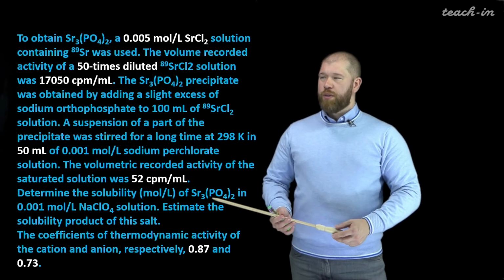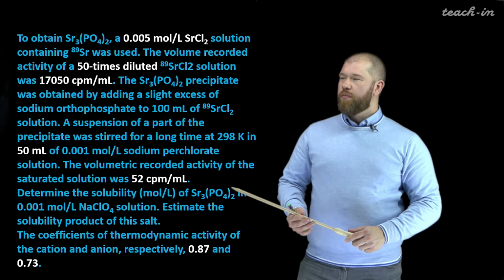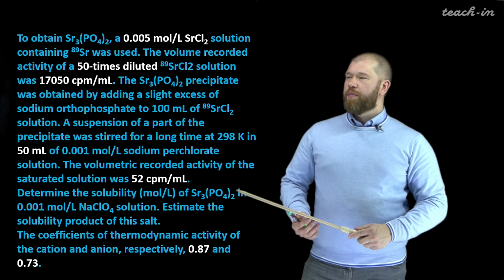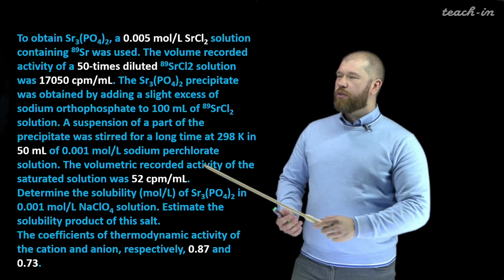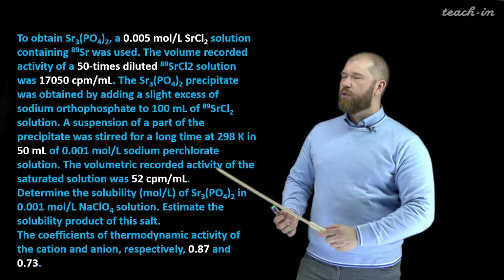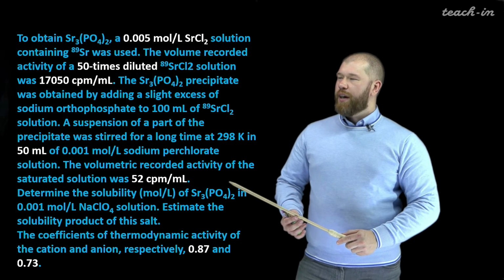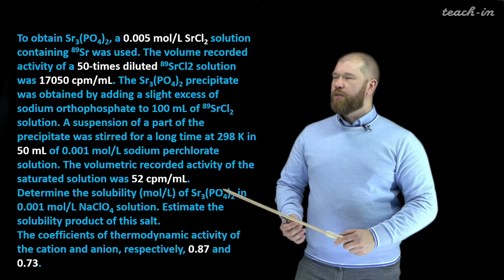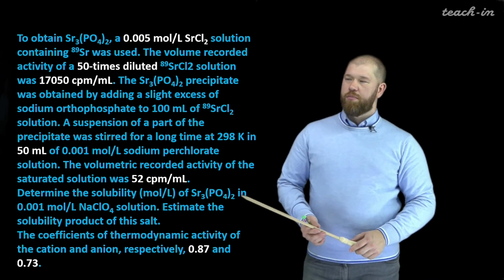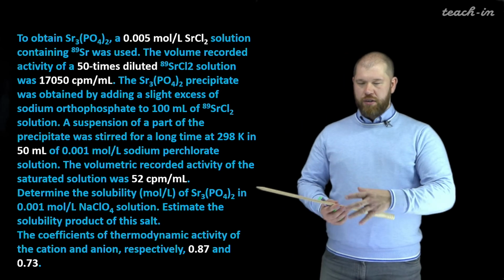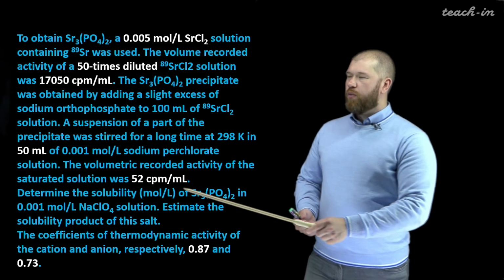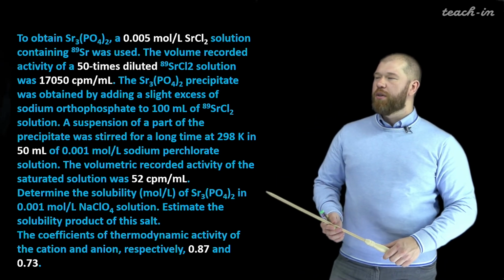Then, what is important is that after long stirring of this precipitate, in 50 milliliters of sodium perchlorate of a certain concentration, the specific activity of the saturated solution was 52 CPM per milliliter. So this resulting saturated solution over the strontium phosphate was only 52 CPM per milliliter.